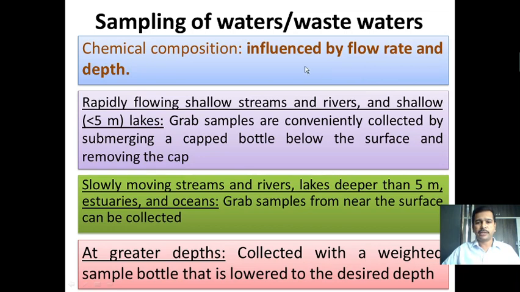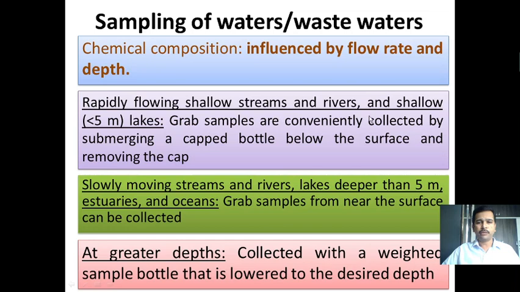It is dependent not only on the atmosphere but also on the flow rate. If the water flow rate is high, many solid matters can also join the water flow. And even the depth matters: the components present in the upper surface of the water will not be the same as the components at the deep surface of the water. Therefore, the chemical composition will not be uniform or identical.